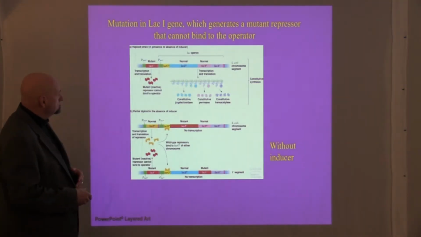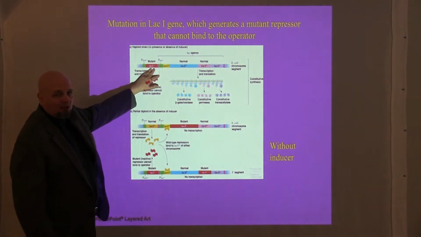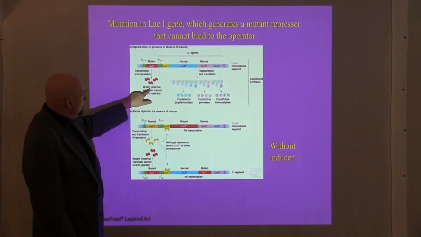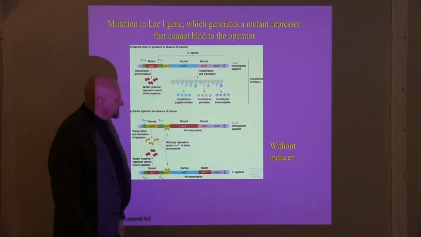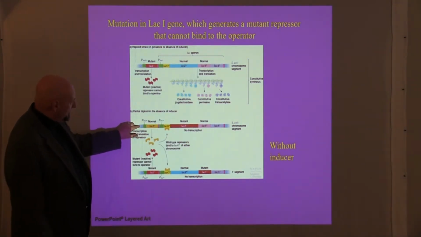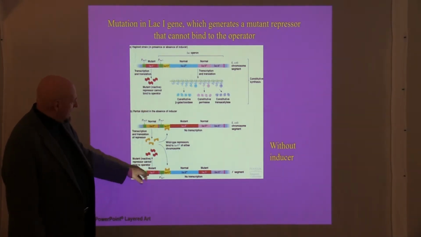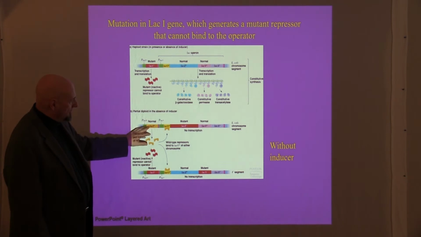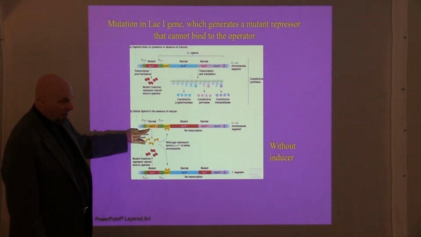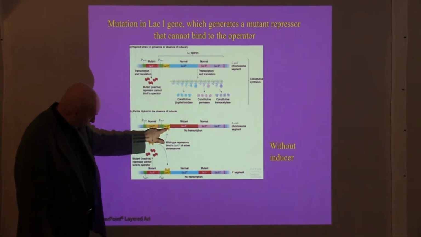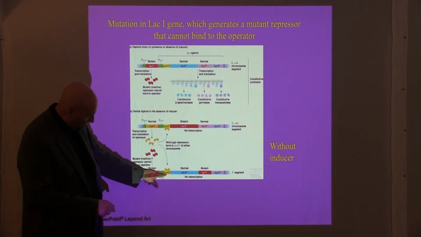All right. Now, if they have a mutation in the actual repressor gene to where this cannot bind to the operator region, now they have constitutive expression. If they have this in the F prime segment and add this to one where the E. coli chromosome segment, what they found was with a normal repressor gene, it would not only bind to this to turn that off, it would turn this one off that had this one.